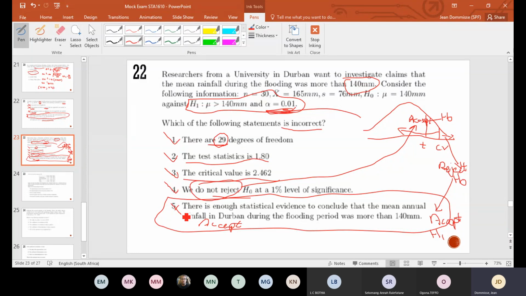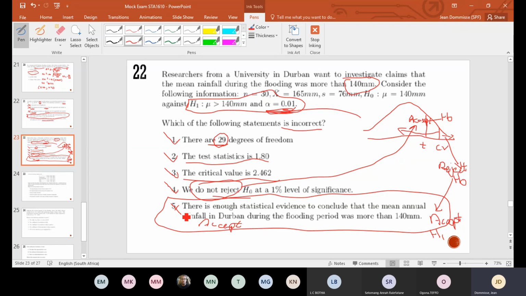Okay, I talked a bit, as they say in Afrikaans, die mekaar now, so that was a bit confusing. But basically what we need to understand here is if your test statistic is smaller than your critical value, we accept the null hypothesis.